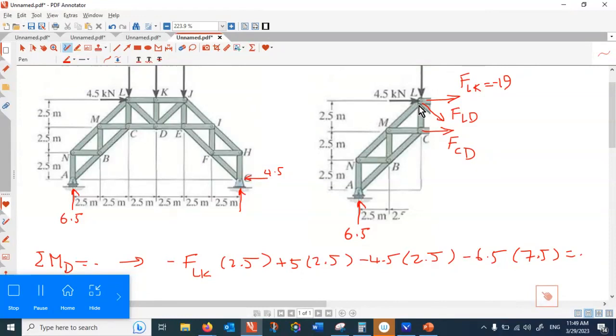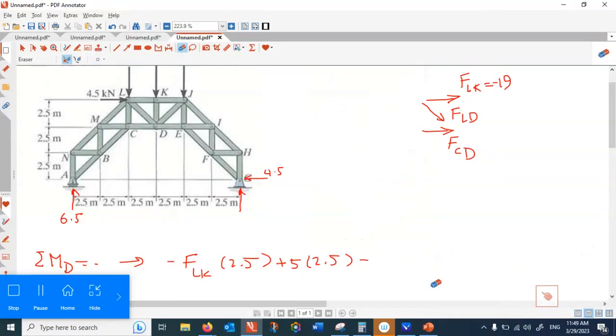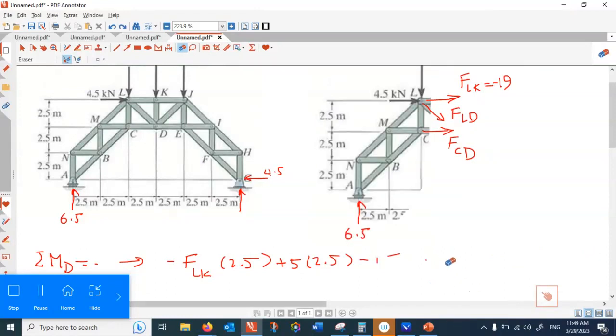Next, we take rotation with respect to point L. With respect to point L equal to 0, that would take care of four forces together, right?